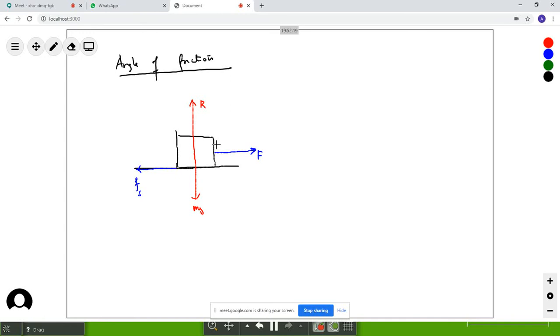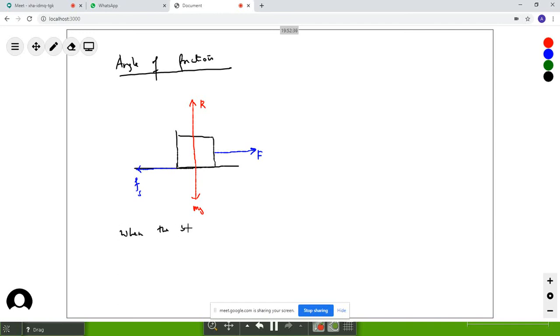So now, what do you think? So this is normal, this is applied force. This is the case when the body is not moving. We have taken this Fs.